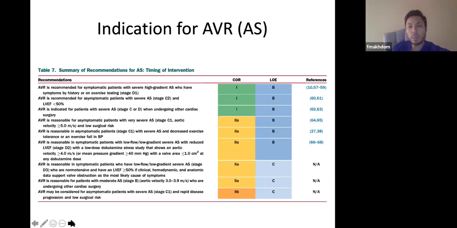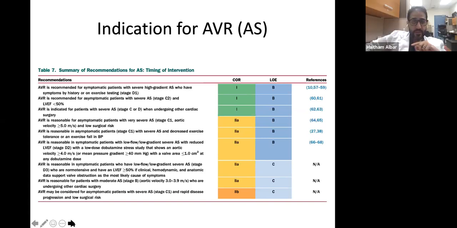Okay, so you were talking about asymptomatic AS and now there's benefit from intervening. Do you understand where this is coming from and why it might be changing now? Because they did a trial with patients with severe aortic stenosis, valve area less than 1 and asymptomatic, and they divided them into 2 groups.